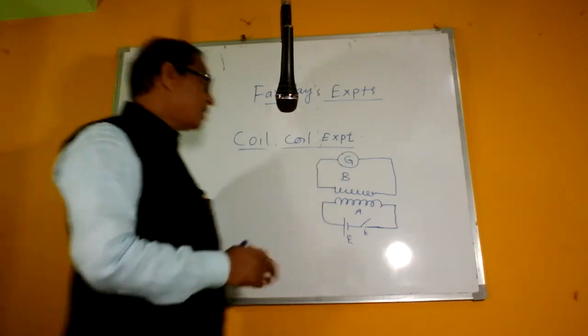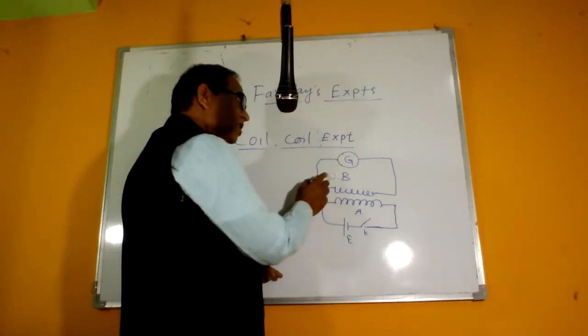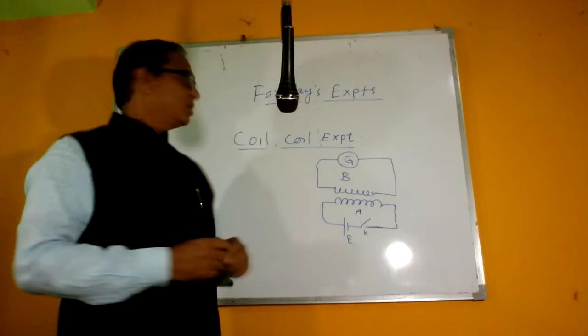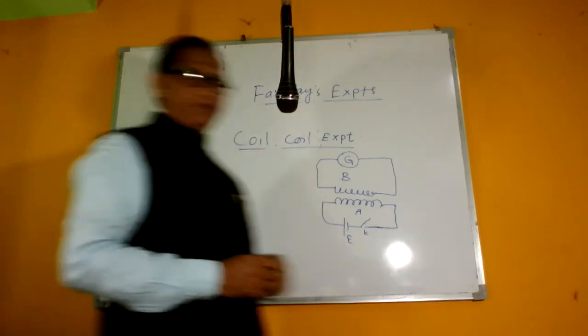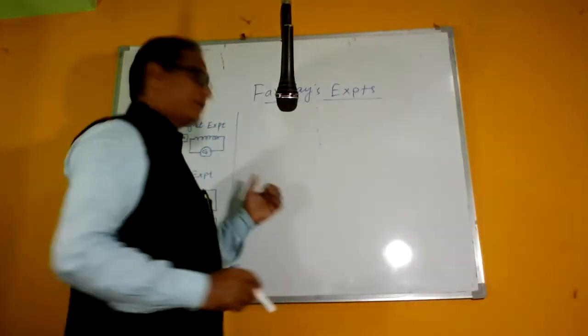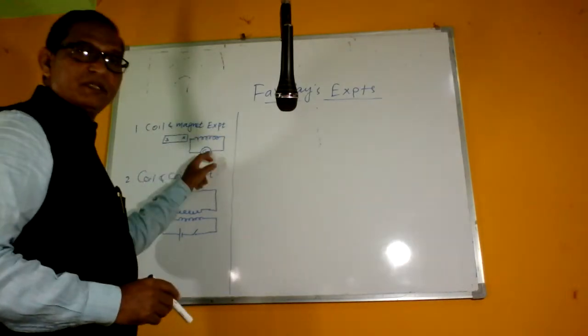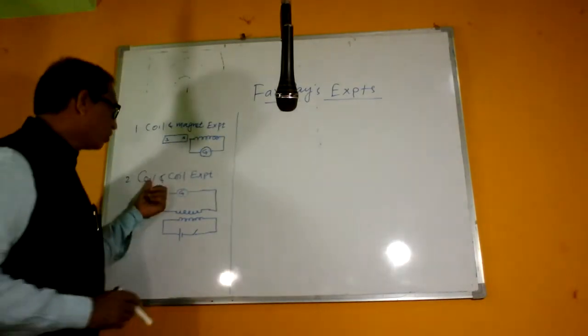So the induced EMF is developed in coil B due to the current flowing in coil A. This is the coil experiment. We have seen the coil and magnet experiment and then the coil and coil experiment.